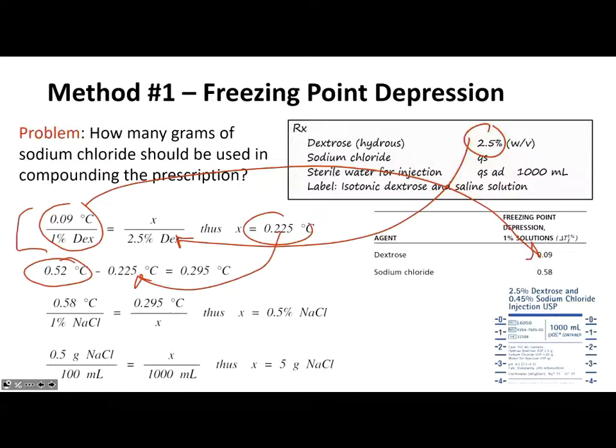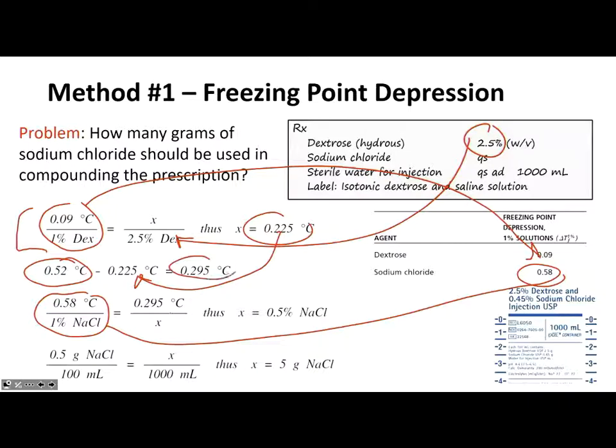All right? So what am I going to use to get the rest of my isotonicity, or my isotonic forces? Sodium chloride. So let's set up the same proportion again. This proportion comes straight from over here. Do you see that? It's set up the same way. My delta TF 1% of 0.58 means 0.58 degrees Celsius for every 1% of sodium chloride. Set that equal to, what's different now is I know the amount of decrease I need.